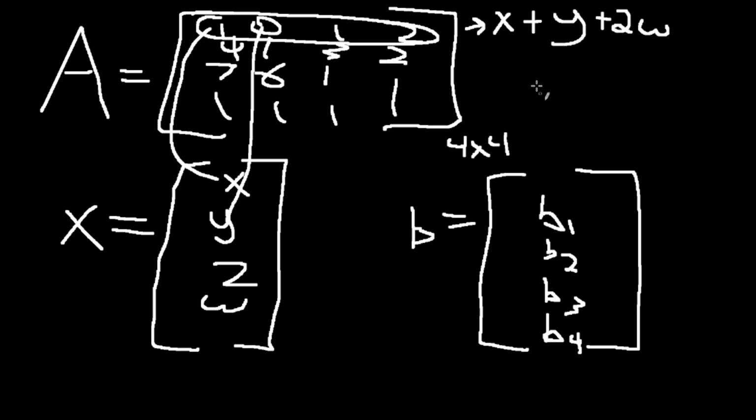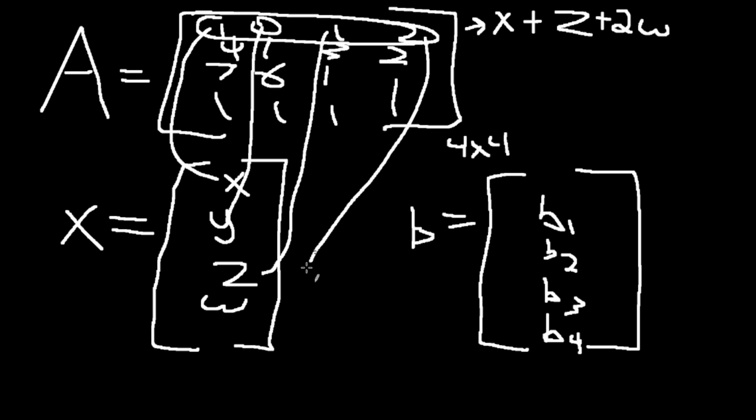But if you want it to line up, sometimes you'll have to leave a spot there. And I did it again, I put a y there again. Alright, it's a z. So 1 goes to the x, 0 goes to the y, this 1 goes to the z, and this 2 goes to the w. Then it equals whatever's over here, so it'll equal B1.